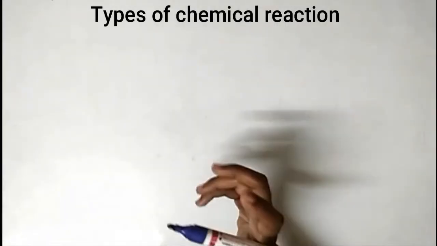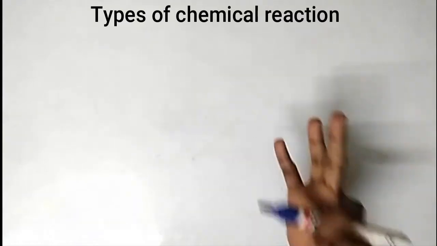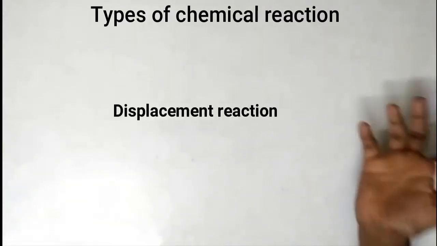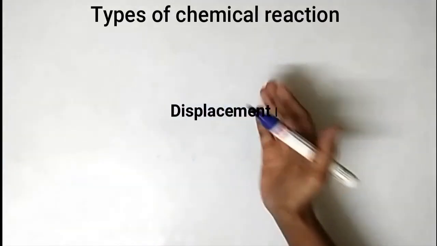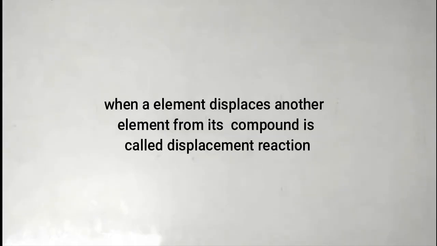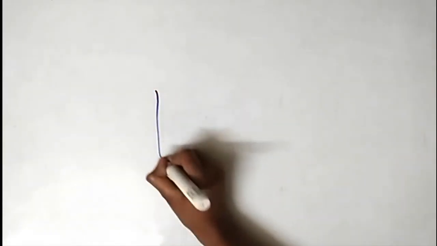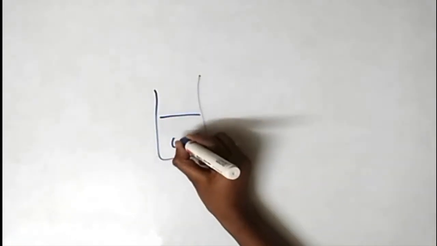Now we are going to discuss the third type of chemical reaction, that is displacement reaction. When an element displaces another element from its compound, it is called a displacement reaction. Take a test tube and fill it with copper sulfate solution.